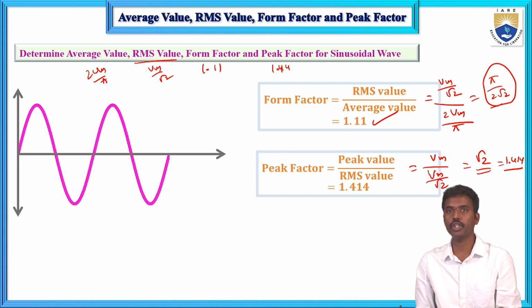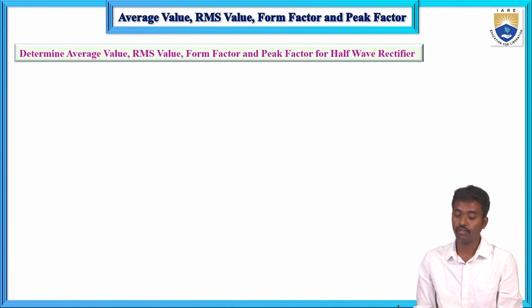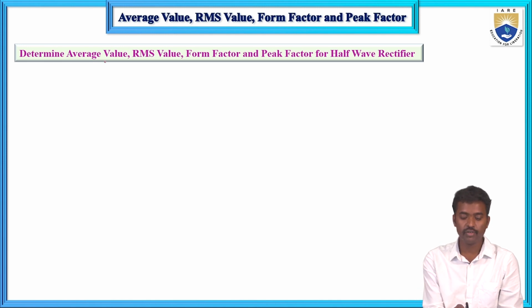Now the second question: determine the same things for the half wave rectifier output. Determine the average value, RMS value, form factor, and peak factor for the half wave rectifier output.